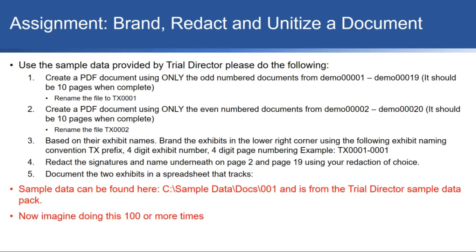Redact the signatures and name on the former page number 2 and page 19 of the documents. They're different page numbers now that you have changed them into exhibits. 5. Document the 2 exhibits in a spreadsheet that tracks the BEG exhibit number, the end exhibit number, and the number of pages in the exhibit.